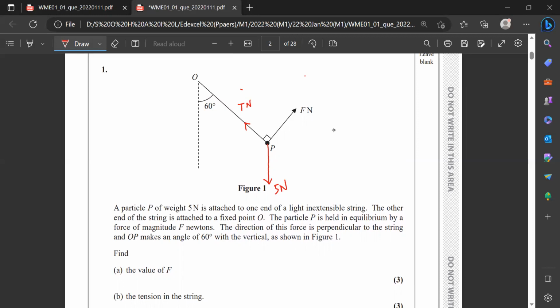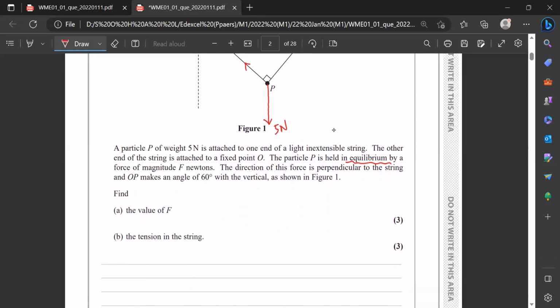The angle is 90 degrees. So there are three forces in equilibrium. So whenever there are three forces in equilibrium, you can apply the Lami's theorem.